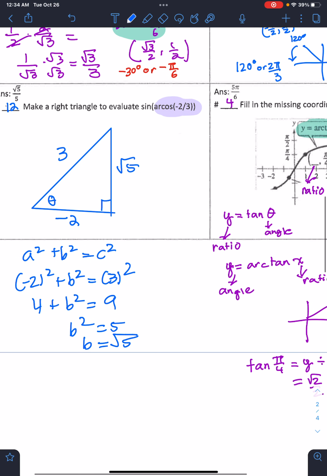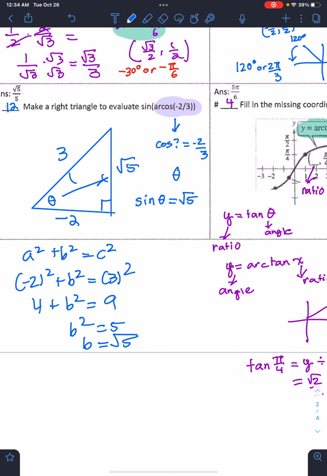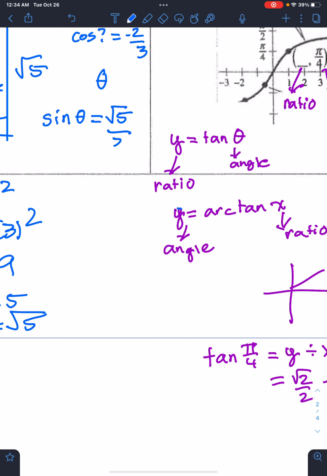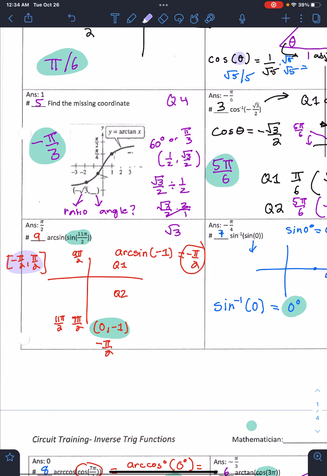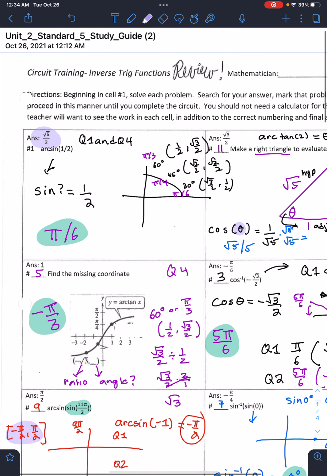So, same issue here. Cosine of what angle gives me -2/3? The answer to that is just theta, because we don't know what that is. So now we got sine of theta equals blank. Sine of theta is opposite over adjacent. So our answer ends up being the square root of 5/3, which was our last one right here.